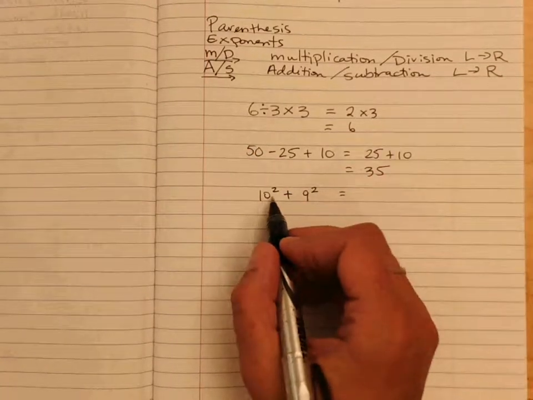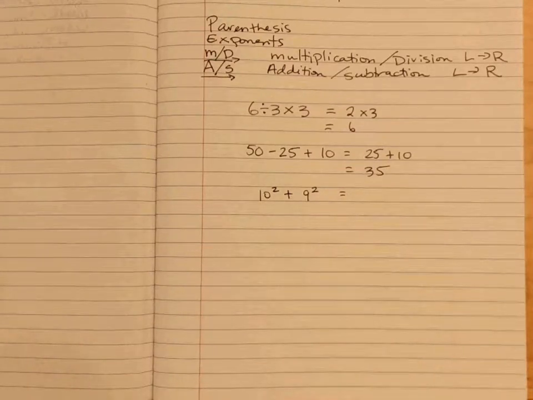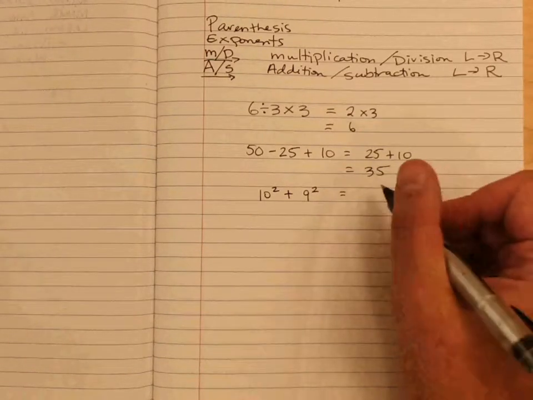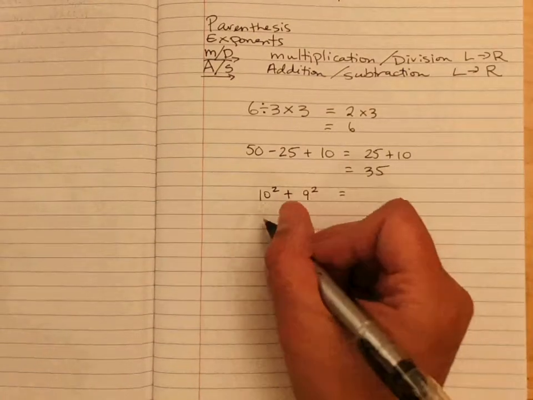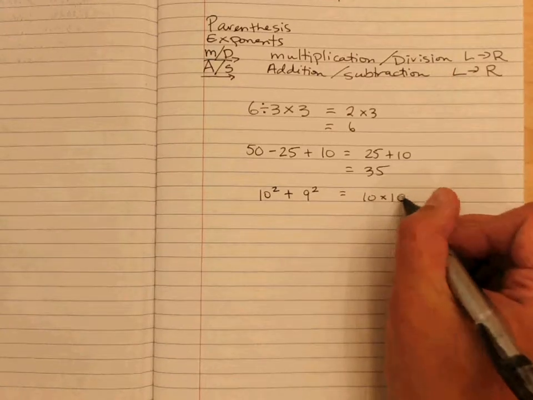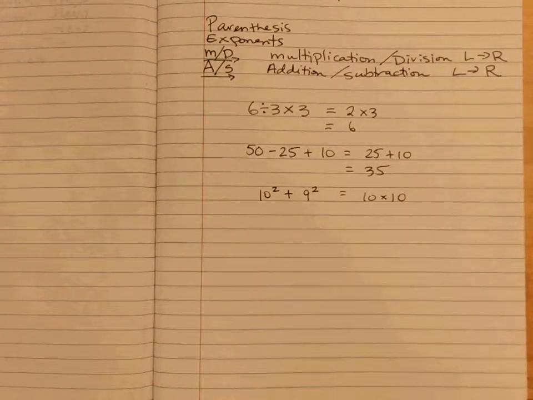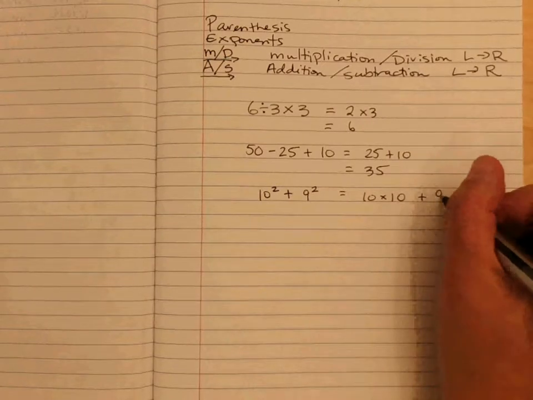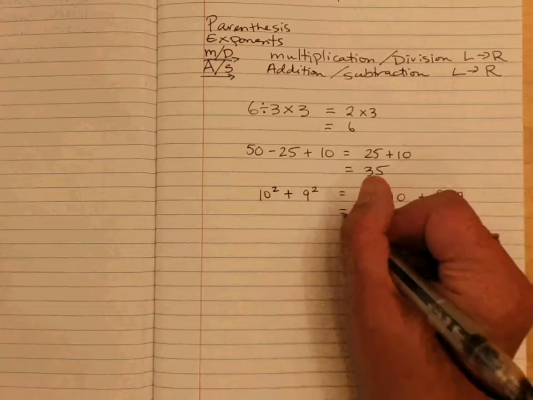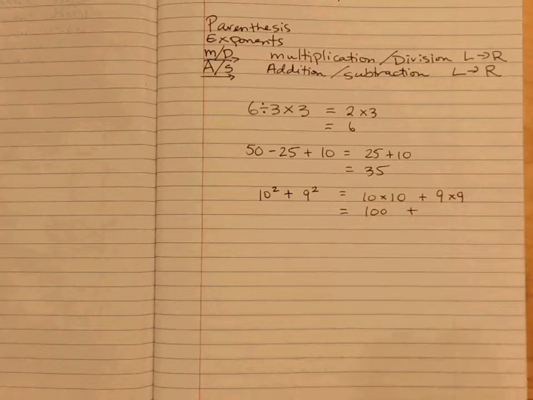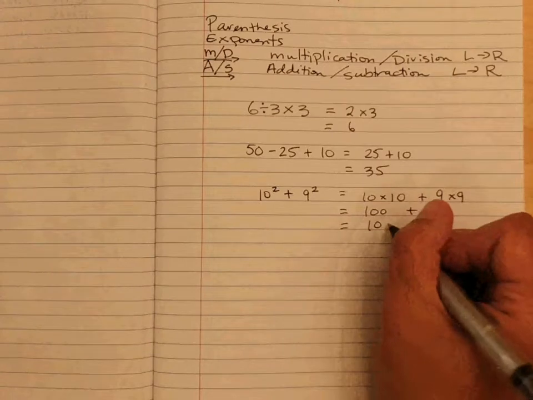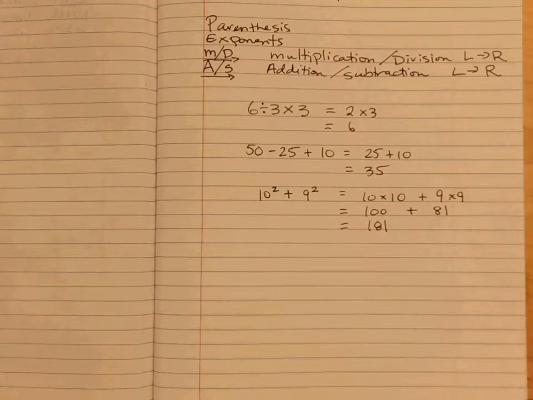So 10 squared means 10 times 10. 10 squared actually means multiply 10 times itself, and then plus 9 times 9. So 10 squared is 100, good. And 9 squared is 81, good. And 100 plus 81 is 181. Good.